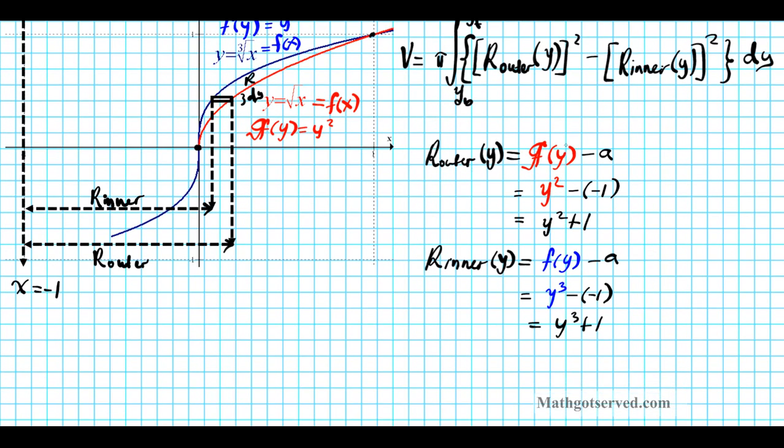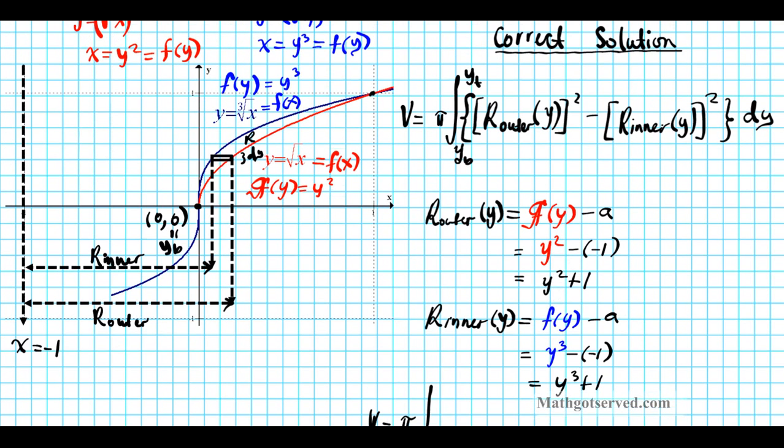We're now going to plug them into the correct formula. So our volume V is going to be pi, don't forget the pi, times the integral. This slice goes from the lower point, which is 0. This point right here is 0, 0. So this is y bottom, all the way to y top.